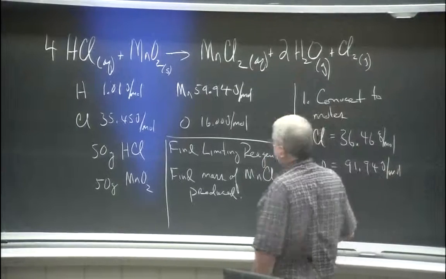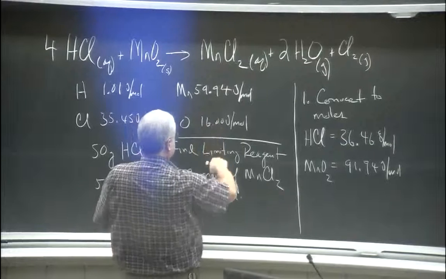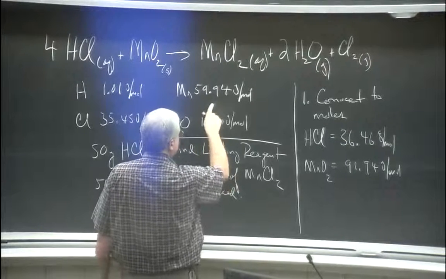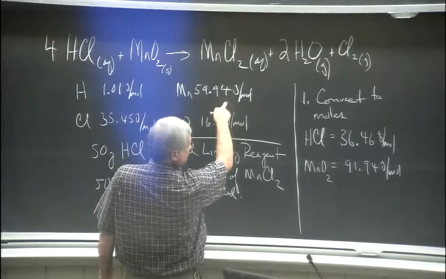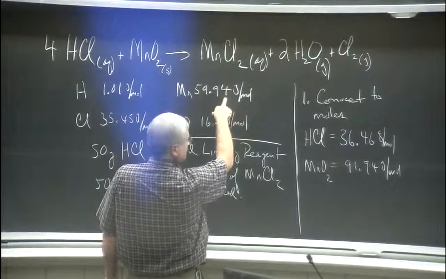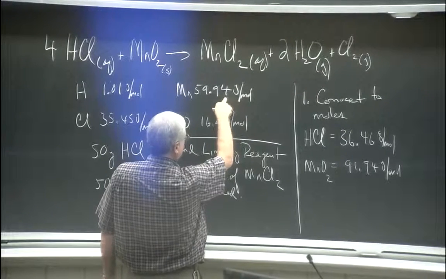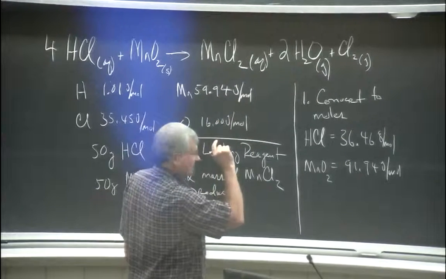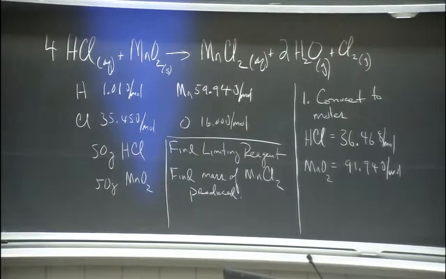Once again, we just get back to adding 59.94 to 2 oxygens. That's 16 apiece, so it's 32 plus that. Okay, so 32, that's going to give us 91.94. Oh, that's right. I'm sorry. Only had 3 sips of coffee so far.